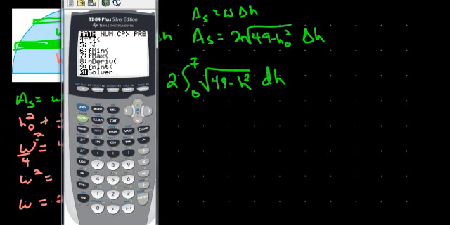There we go, number 9, fnInt. And I'm integrating 49 minus x squared, all raised to the 1/2.